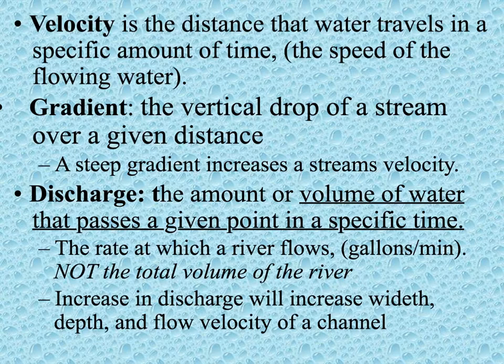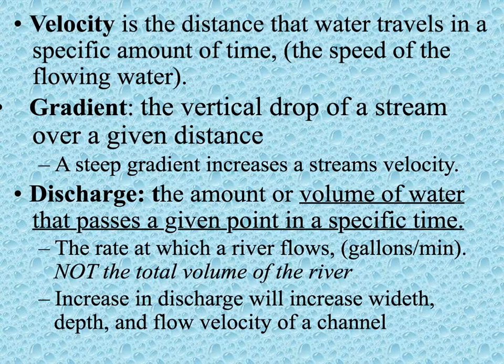Now, if you think about walking down a hill, if the hill is really steep, you're going to walk a lot faster than if it's gradual, right? Semi-flat. And then discharge. The amount or volume of water that passes a given point in a specific time.